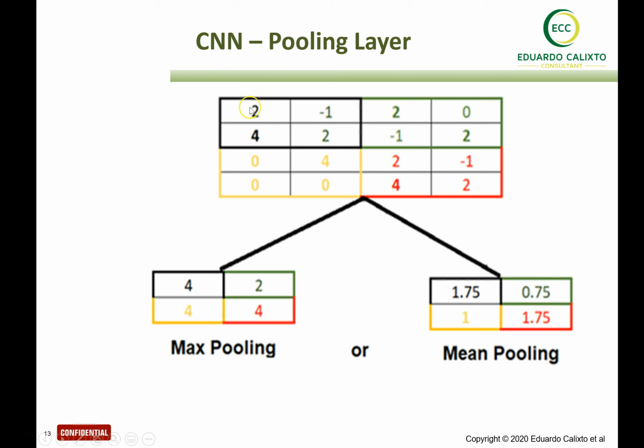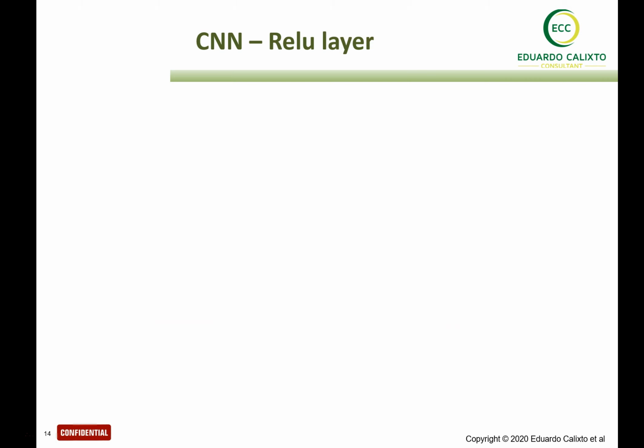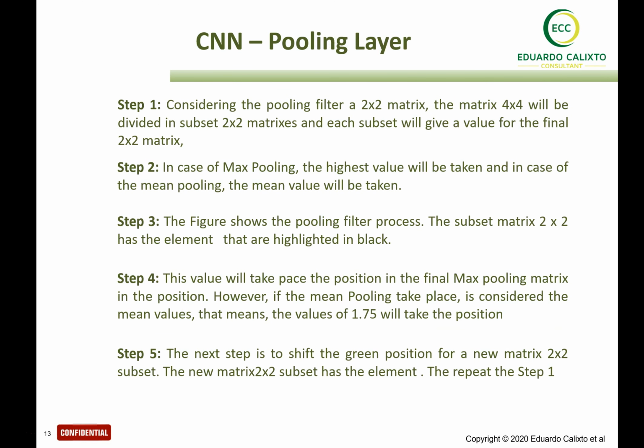We divide the matrix output from the convolutional layer into 2 by 2 matrices, and then we define a new 2 by 2 matrix here. And how are we going to do that? In case of max pooling, we take the highest value, and in case of min pooling, we take the minimum value.